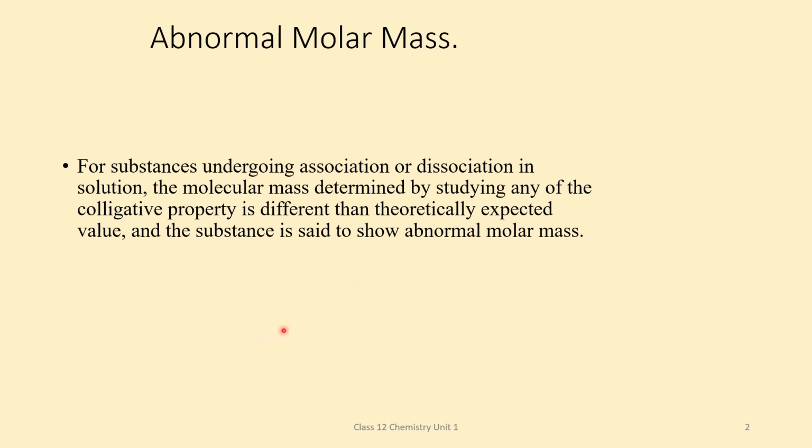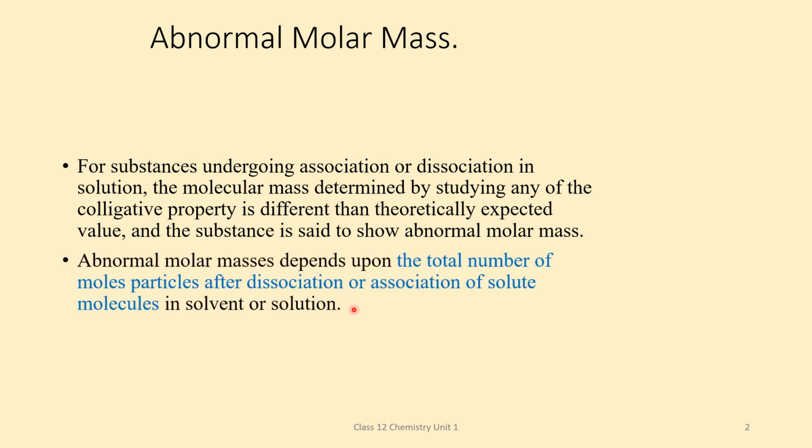That means when the substance undergoes dissociation or association, then the molar mass is different than the theoretically expected value. Such substances are called abnormal molar mass. Abnormal molar masses depend upon the total number of moles of particles after dissociation or association of solute molecules in solvent or solution.